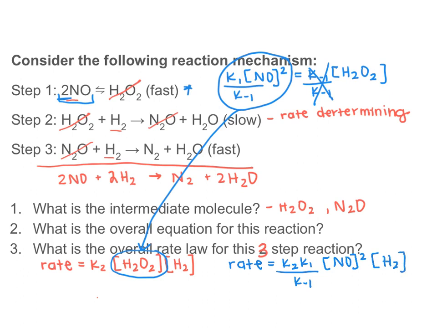Okay. Before I write my final answer, I'm going to combine all those K's to make one rate constant. So my final answer is the rate is equal to K for the overall reaction, NO squared, H2. So it is second order NO and first order H2.